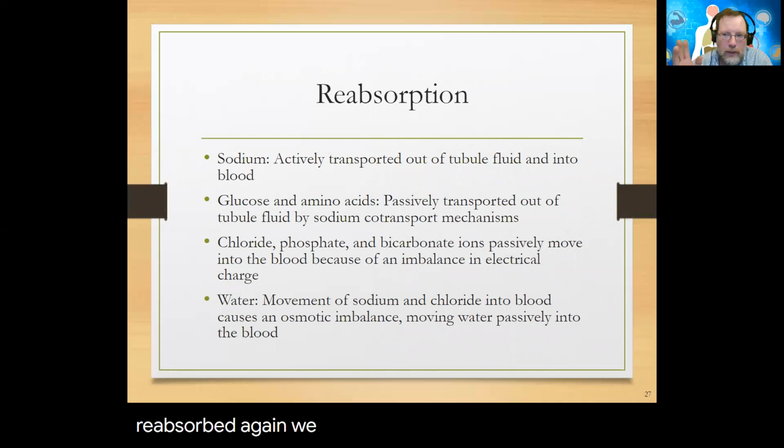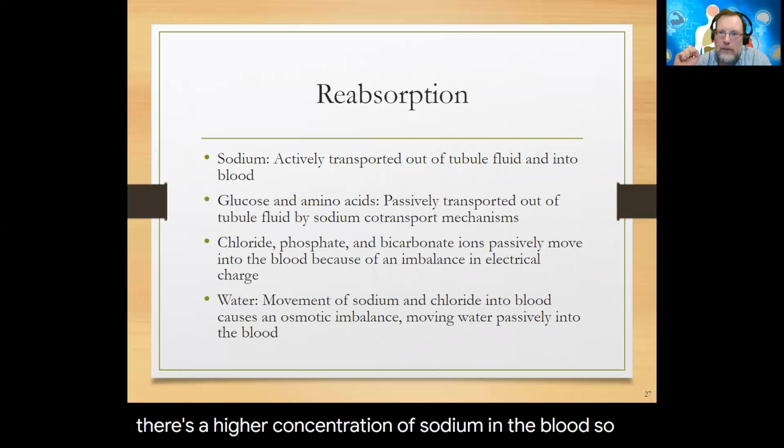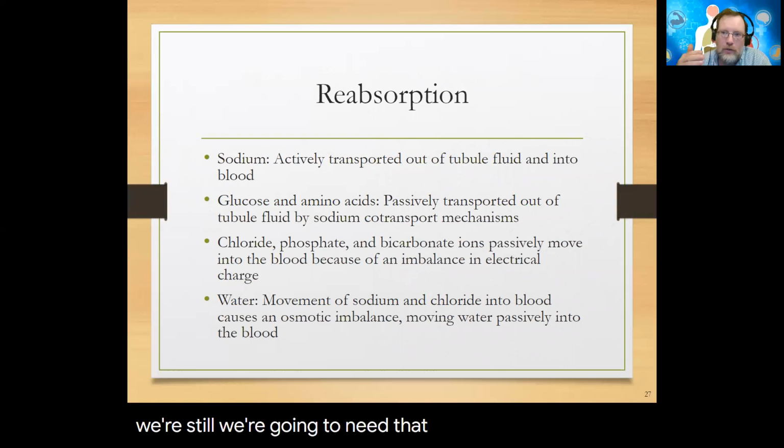Again, I mentioned it earlier. It's got to be active transport. There's a higher concentration of sodium in the blood, so we're going to need active transport. So we're reabsorbing sodium from the tubules into the bloodstream.